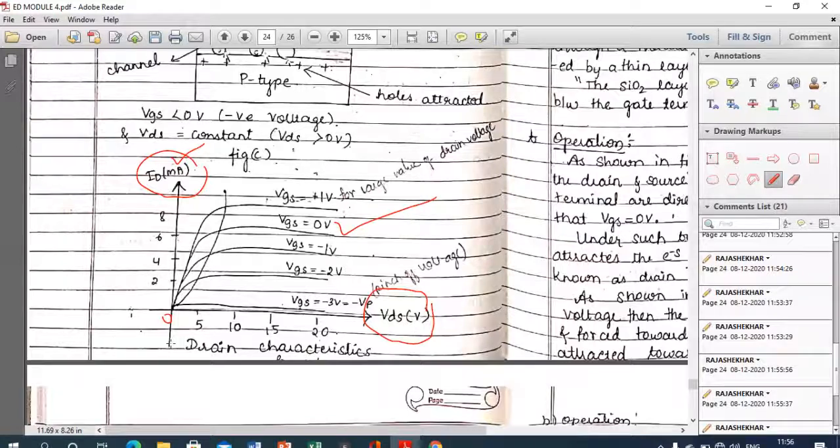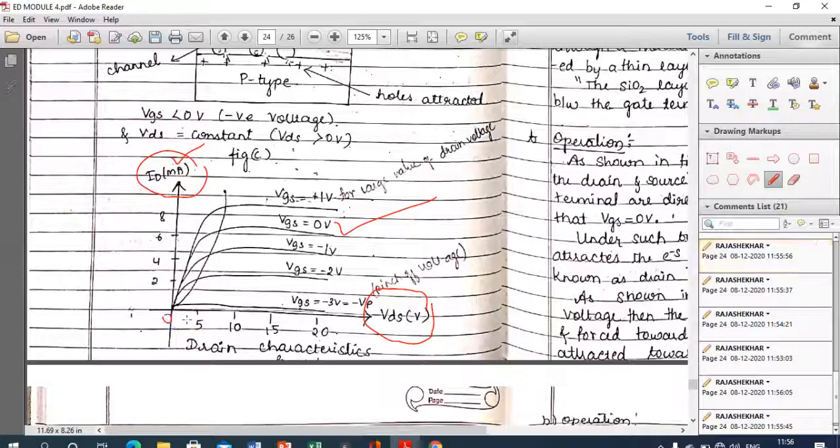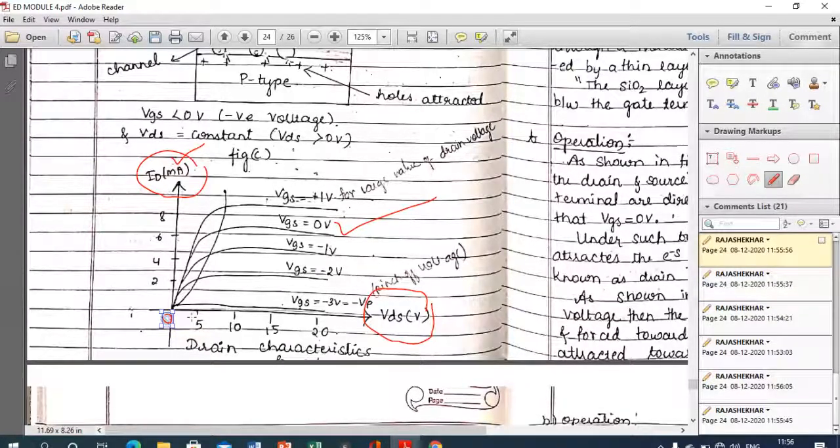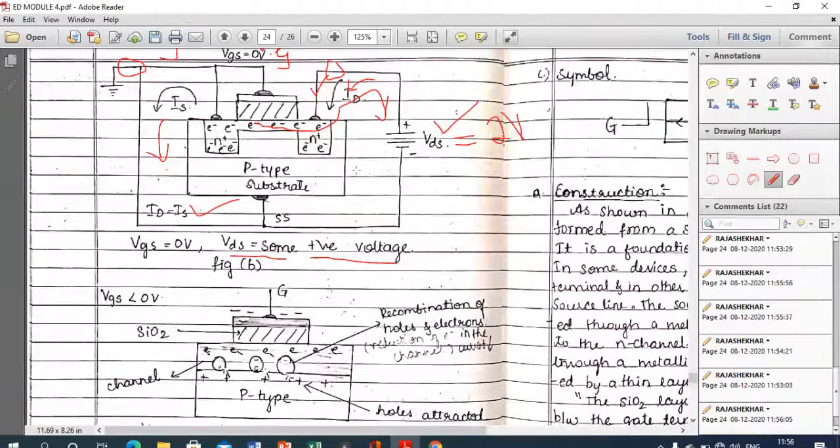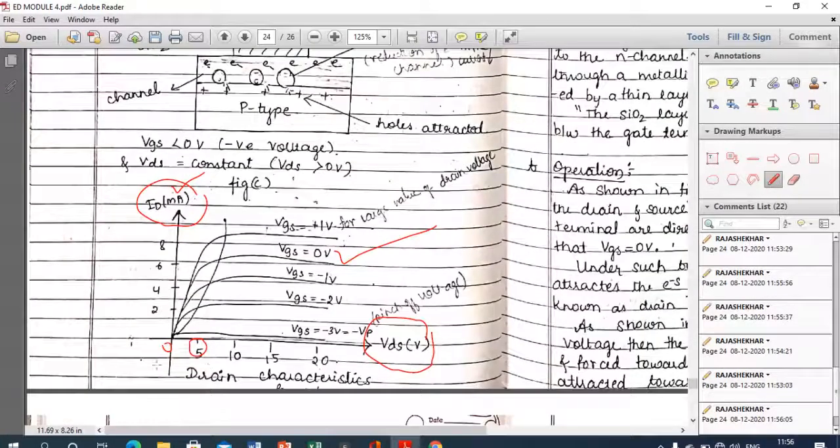So when VDS is increased from 0 to a particular voltage, which is 5 volts here, by keeping VGS at 0 volts, the electrons flow through the channel and cause the drain current, and this drain current increases exponentially, which is shown here. So this is the path of drain current, which increases exponentially when VGS is at 0 volts. Okay, this is the path of drain current.